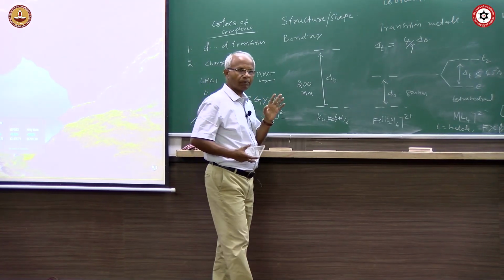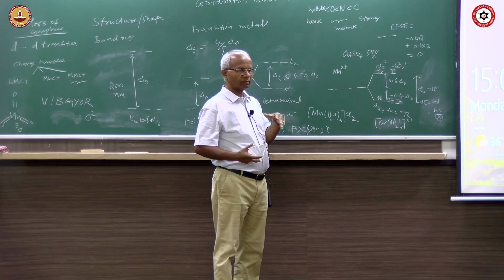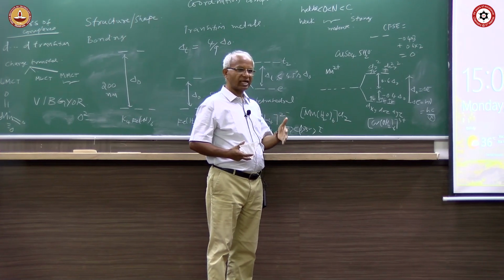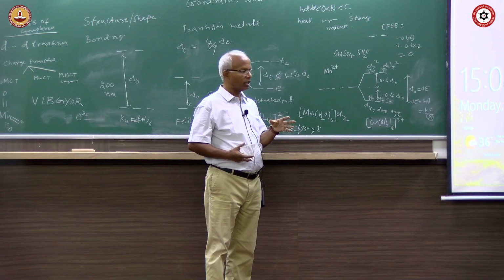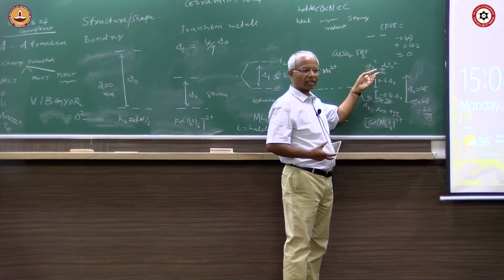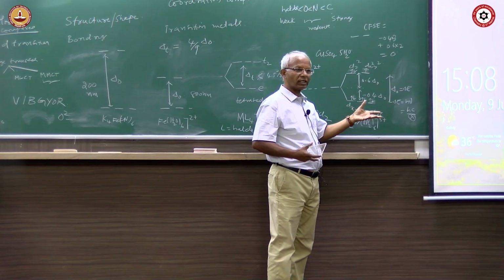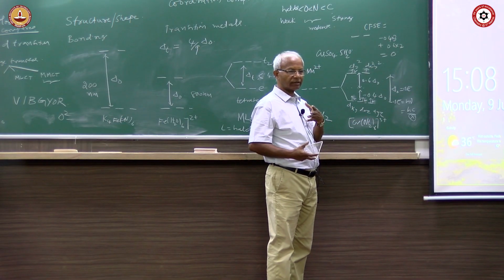Whenever there is the presence of this letter g, the transitions that can take place are forbidden. That means, let us say this electron going to this level gets forbidden because of the presence of the inversion center. g is represented by the inversion center.